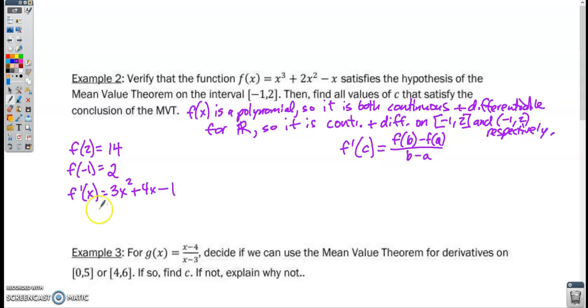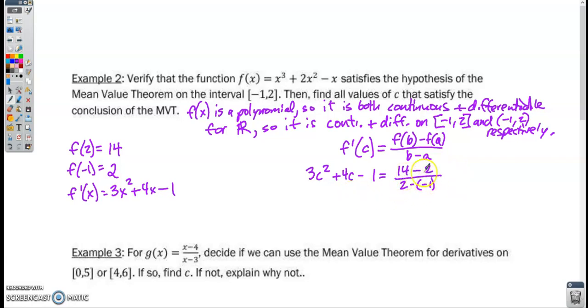So now we want f prime of c to be equal to f of b minus f of a all over b minus a. So that means that we want 3c squared plus 4c minus 1 to be equal to f of b minus f of a all over b minus a.